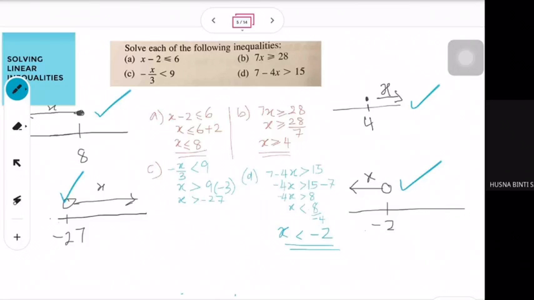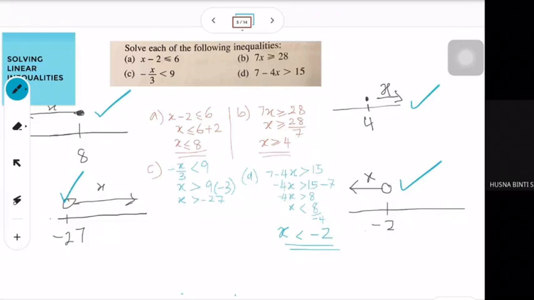Teacher, can I ask? Yang 4D tu, yang 15 minus 7 tu, kenapa tak payah tukar simbol? Sebab dia tolak. Sebab kalau tolak negatif tambah tolak, dia memang tak tukar simbol. Darab pun tak tukar simbol. Kita hanya tukar simbol bila bahagi atau multiply negatif.